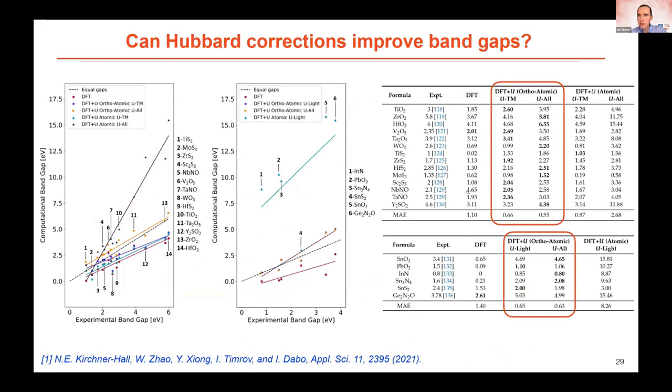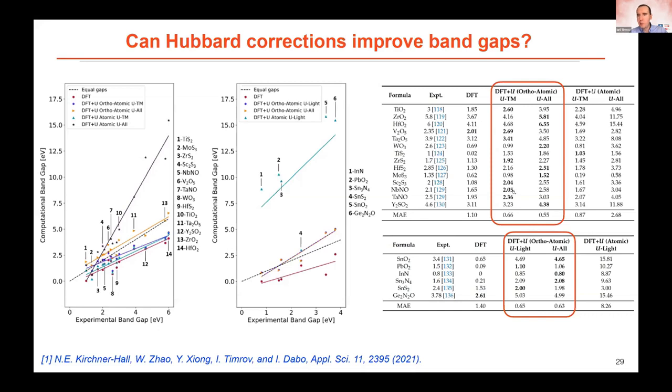If you compare the DFT band gap and DFT plus U with orthoatomic orbitals, U_TM means we applied Hubbard U only to the transition metal, and U_all means we applied U to the transition metal and also light elements like oxygen, sulfur, etc. So we see that with orthoatomic orbitals, we get pretty close agreement to experiments, while if we use atomic orbitals, we are much more off. So this shows that orthoatomic orbitals are more accurate than atomic.